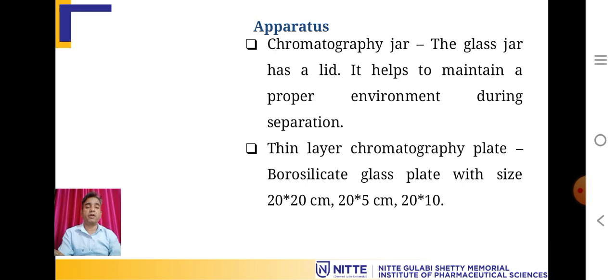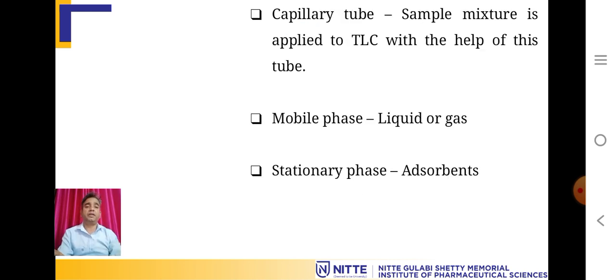Which we will see when we talk about paper chromatography and TLC in detail. 20 by 5 is needed when you have one sample to separate, and 20 by 10 for more than one sample, right? So it is all about the science, and picking the plate is about the idea of how many samples you need to study. And then again you need a capillary tube to plot a sample, right?